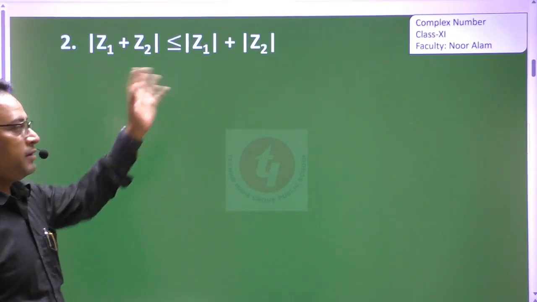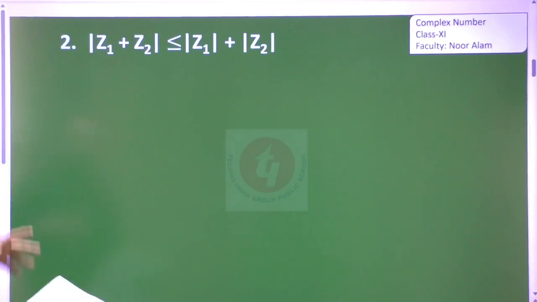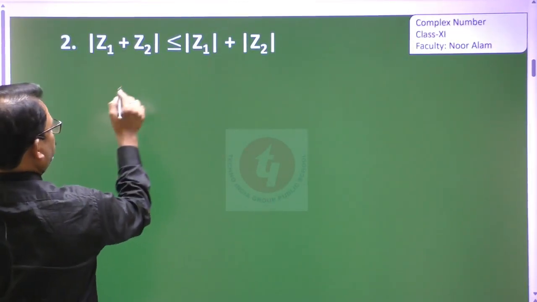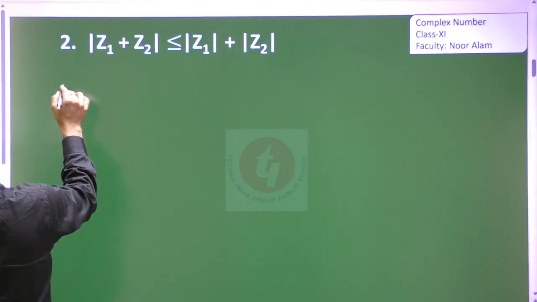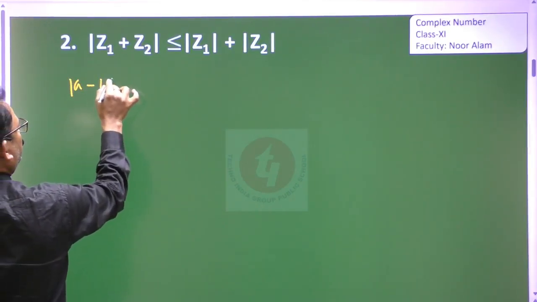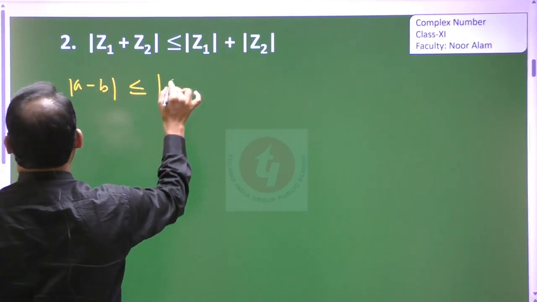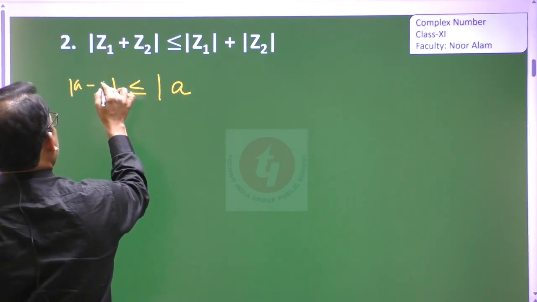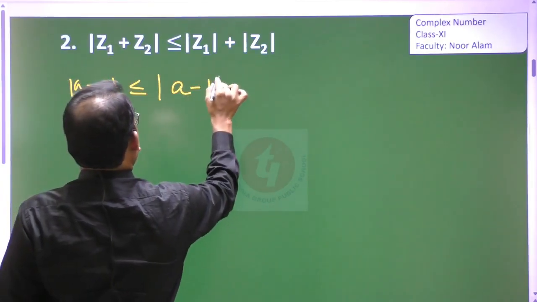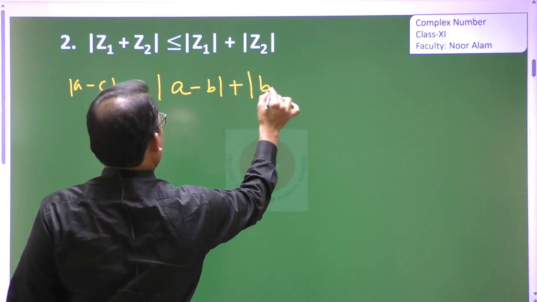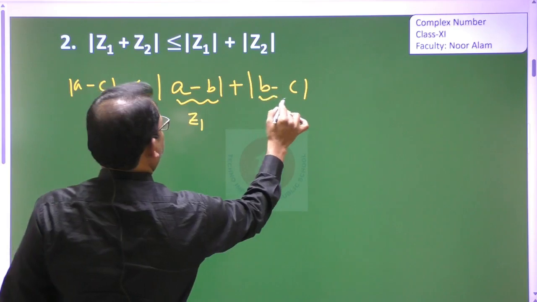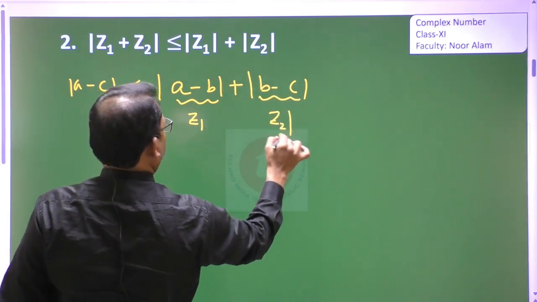we have this formula. So from the first one, we consider that A minus B equals Z1. In the previous first formula, we have mod of A minus C less than or equal to mod of A minus B plus mod of B minus C. So if I consider this one as Z1 and this one as Z2, what do we have?